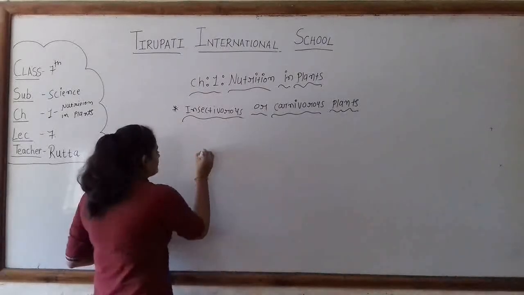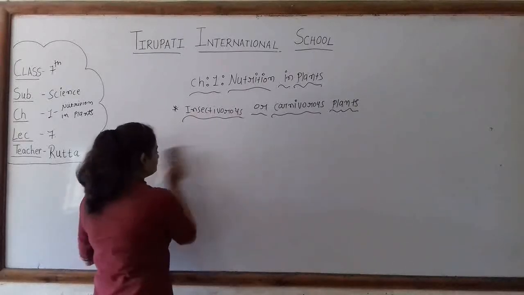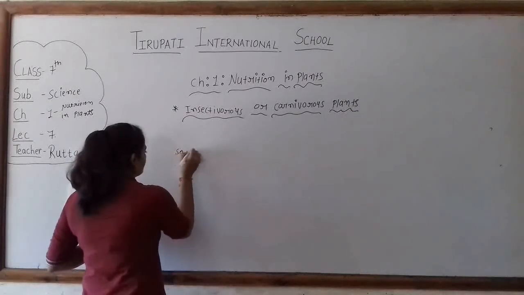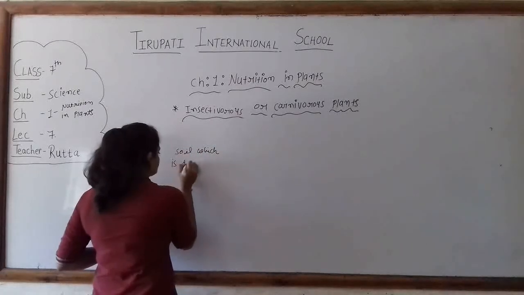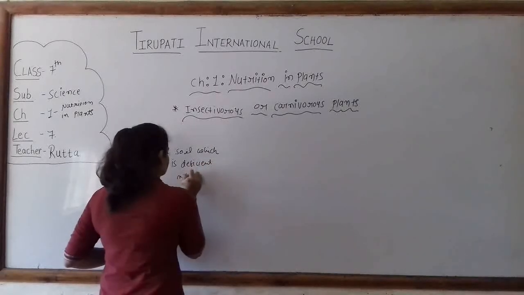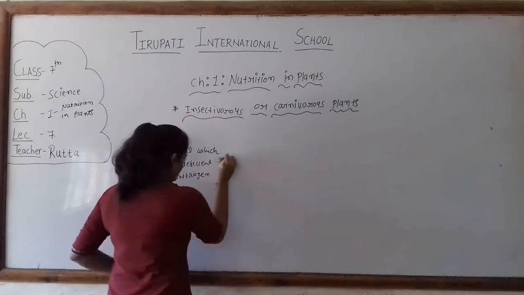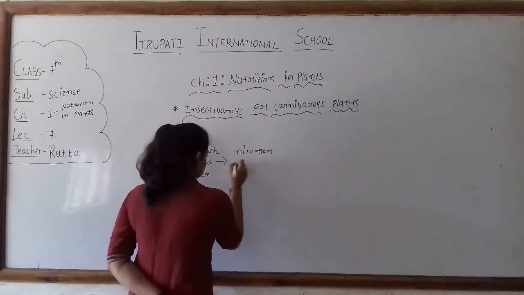So in short, there are certain soils which are deficient in nitrogen, and nitrogen is required for plants.